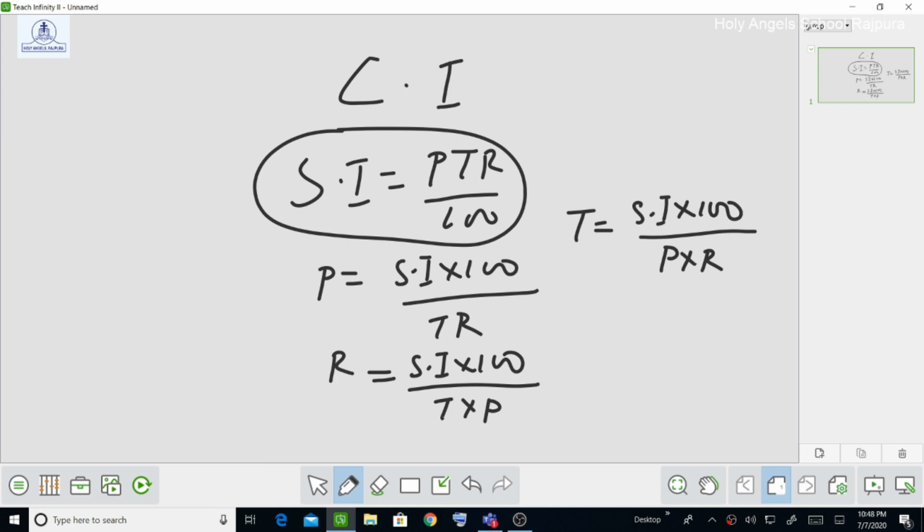Now let us find what is the difference between compound interest and simple interest. In compound interest, the amount due at the end of the period becomes the principal sum for the next period, next year. So suppose 1000 rupees you deposited in a bank, or you borrowed.